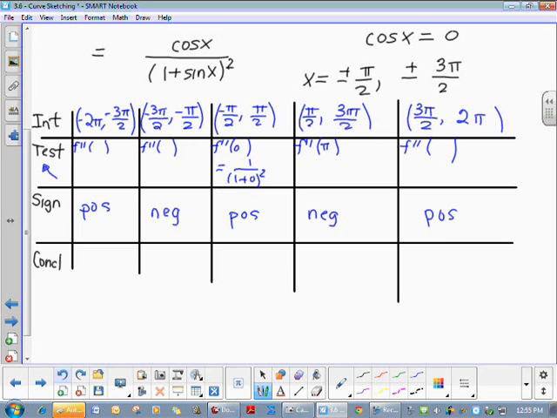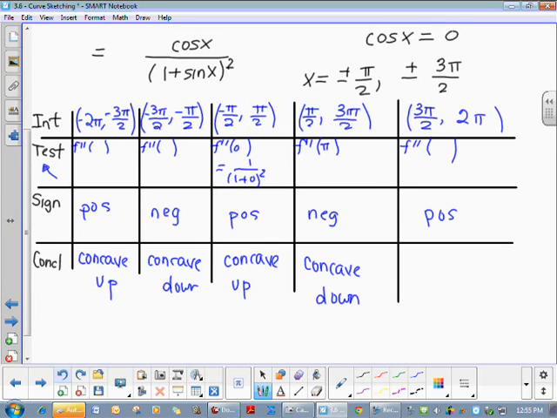So our conclusions then, having to do with concavity, would be going from concave up to concave down, back to concave up, back to concave down, to concave up again.